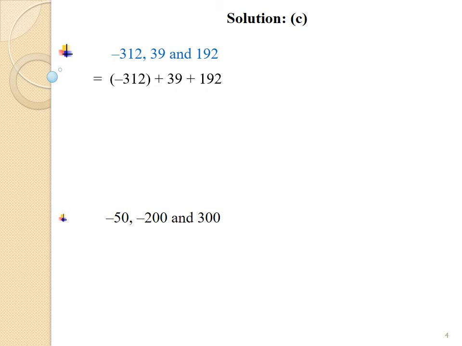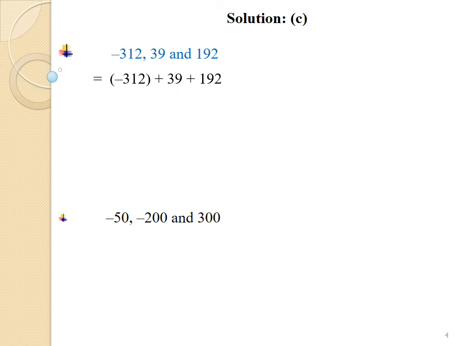One is a negative integer and two integers are positive. That is, minus 312 is a negative integer, whereas 39 and 192 are positive integers.